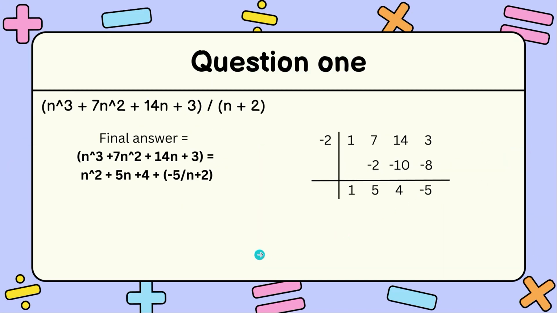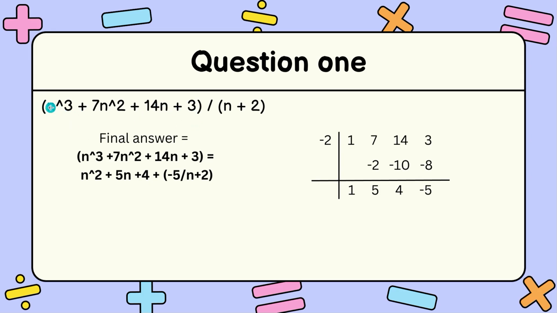So here in question 1, you can see this little chart, and how you use this chart is you will take the second number in the divisor spot and switch the sign. So instead of positive 2, it will be negative 2. You'll set it over here, and then we'll just take every number from the polynomial.